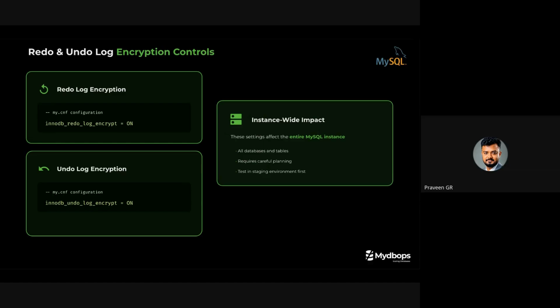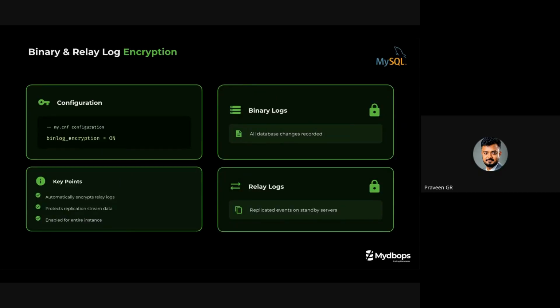It's a dynamic variable, so no restart is required for enabling the encryption. And the same for the binary log and the relay log, which are controlled by a single variable, like binlog encryption. Once we have enabled it, encryption will be enabled for the binlog and the relay log automatically.